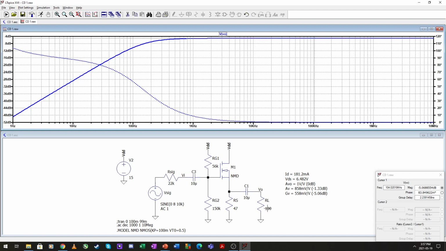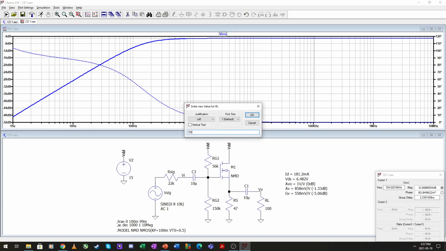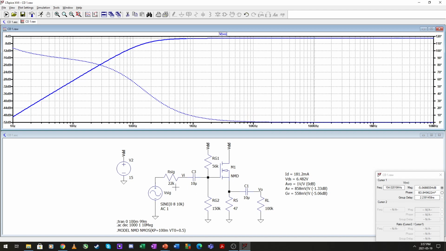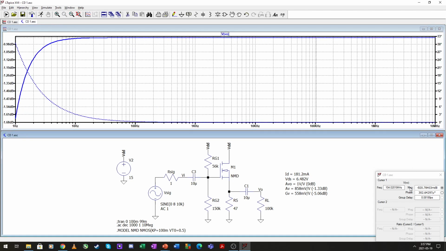And if we increase this load to 100k and remove a signal, we'll find that this is fairly close to 0 decibels. 920 millidecibels.